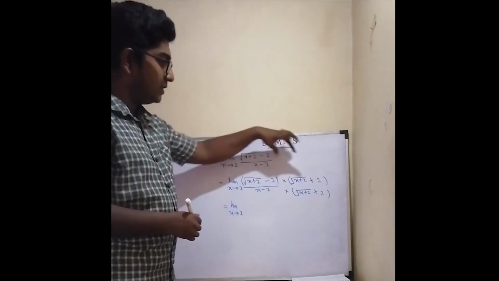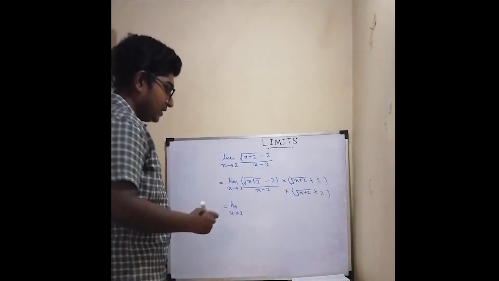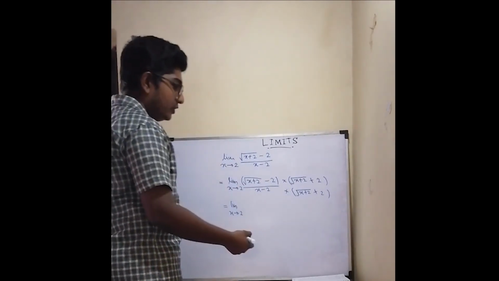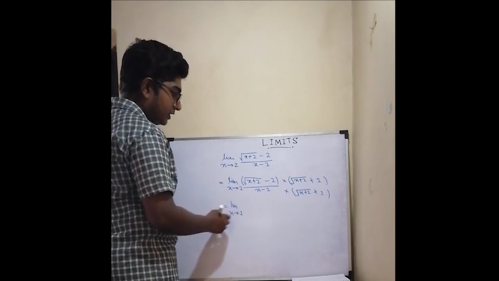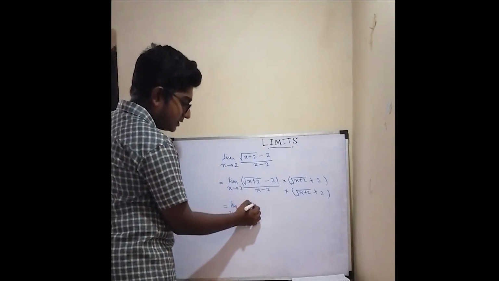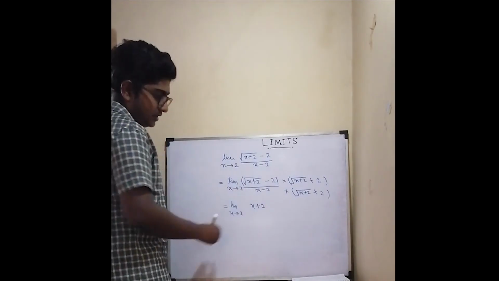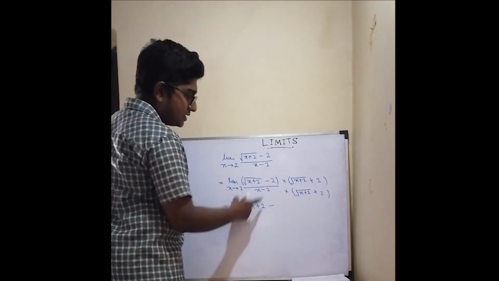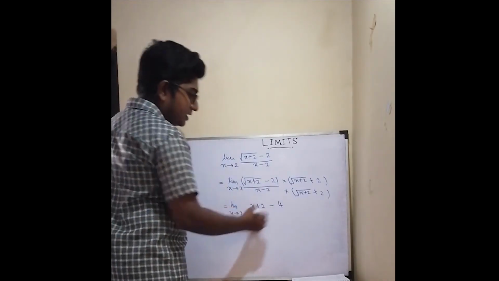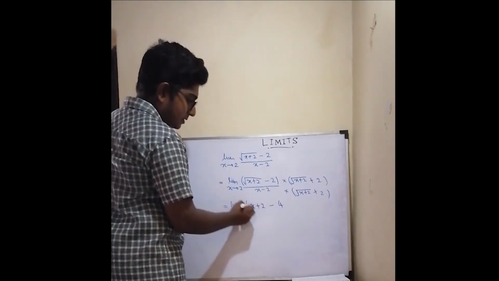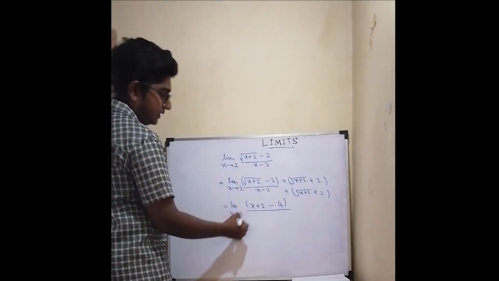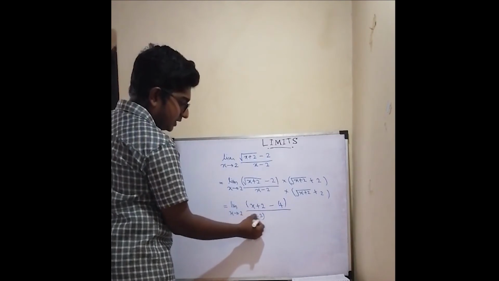So this is a minus b, a plus b. A minus b into a plus b, we know it is a squared minus b squared. That means the square of this part, the square root removes, and minus the square of this, that is 4. This is the numerator, and here we have x minus 4.